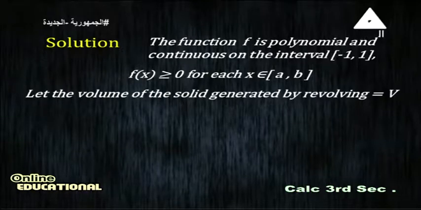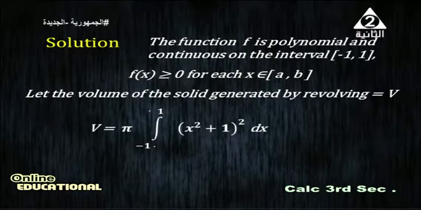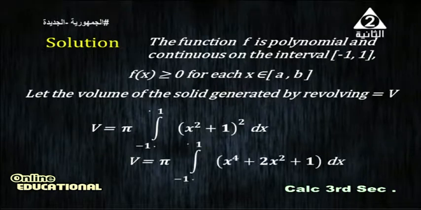Let the volume of the solid generated by revolving equal V. Then V equals pi multiplied by the definite integral of x power 2 plus 1, which is the function, all to the power 2. In the case of the volume, we write the function to the power 2, dx from -1 to 1. Then V equals pi times the integration of x power 2 plus 1 all power 2, which is a perfect square.